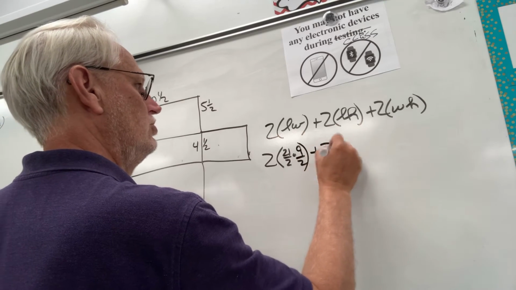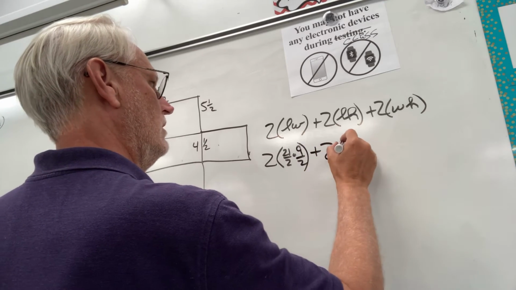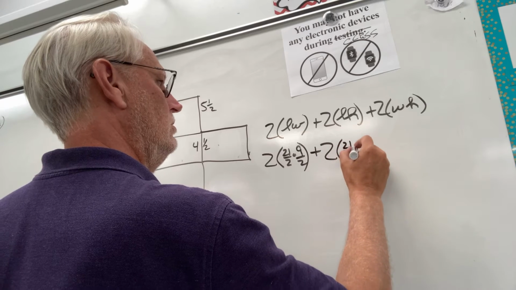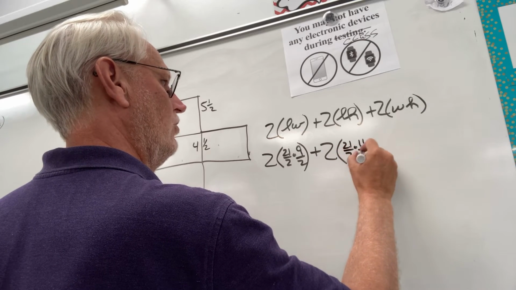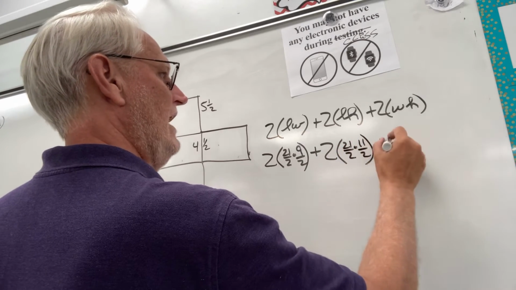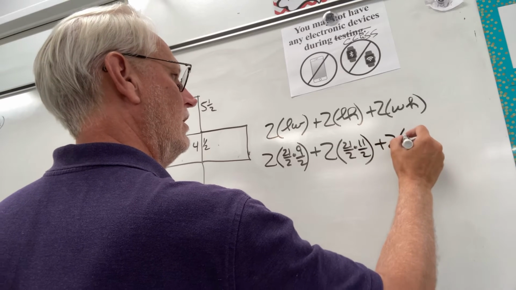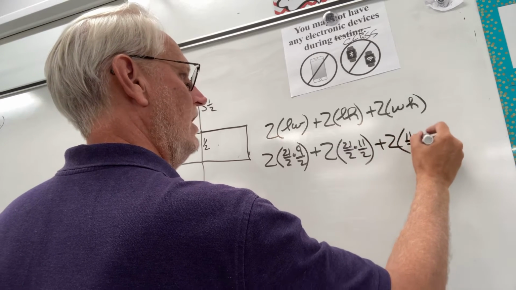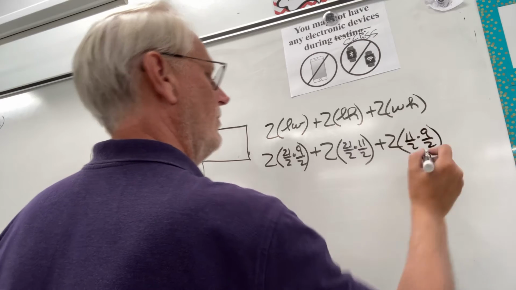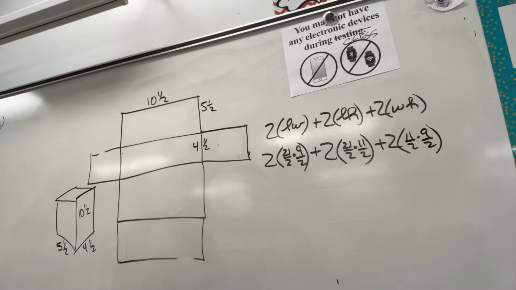Then I'm going to do 2 times 21 over 2 times 11 over 2. And then the last one, 2 times 11 over 2 times 9 over 2. All right?